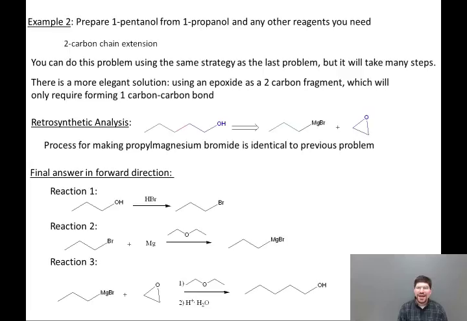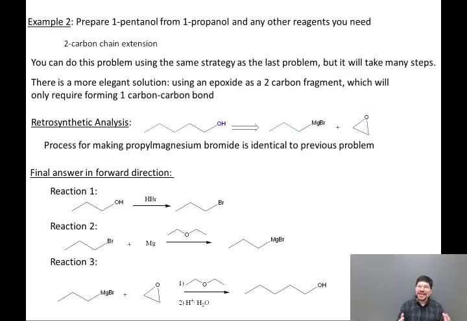Okay, so now we have come to a logical stopping point. We have learned two general strategies for synthesis problems. One is the Grignard, oxidize, Grignard pattern that allows you to make a tertiary alcohol from simpler starting materials. And now in this lesson, we finished up with the 1-carbon and 2-carbon chain extensions.